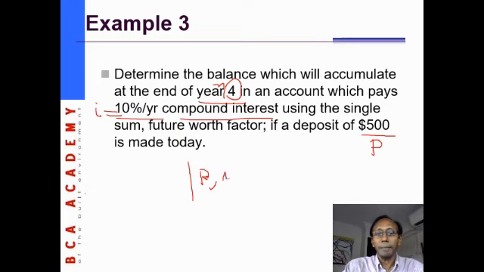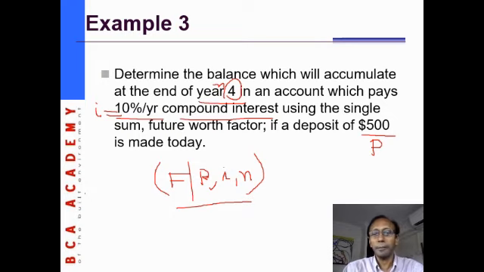I don't know the value of the future worth F. So this is the equation to be dug into for the period of 4 years. Can you please do the sum yourself and tell me the answer now?